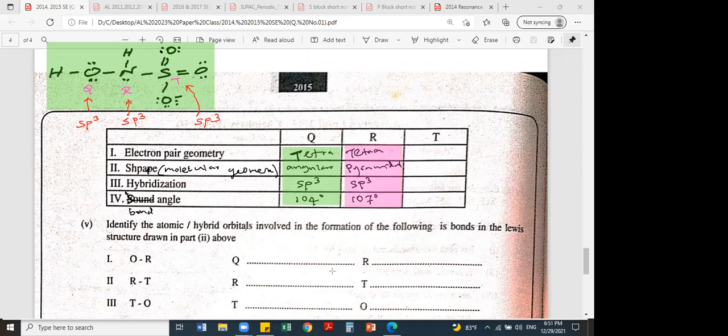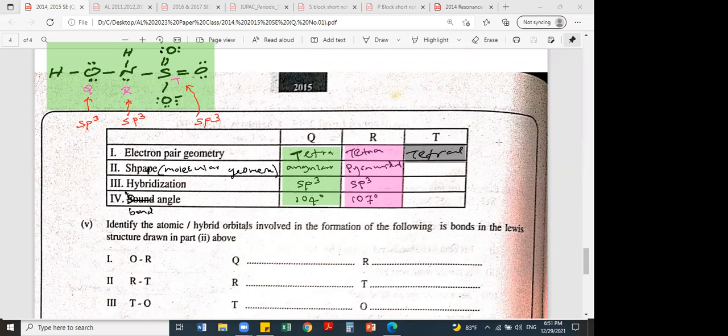Alright, then T. Electron pair geometry, tetrahedral. For all three, electron pair geometry is tetrahedral, because remember, for electron pair geometry also, pi bonds are not considered.